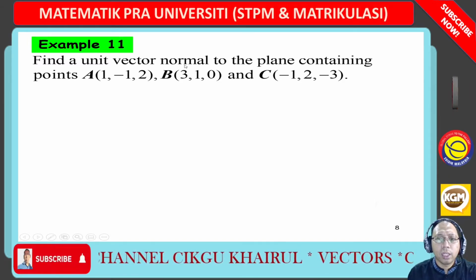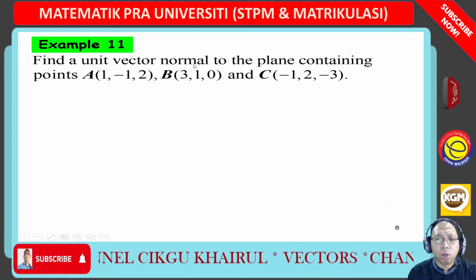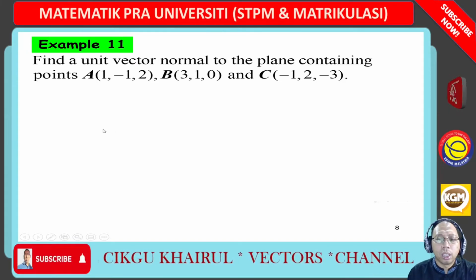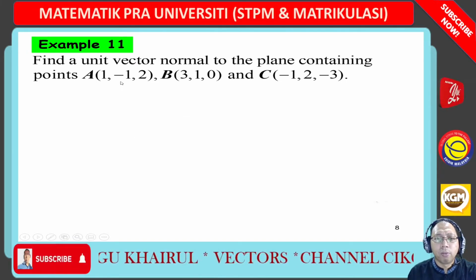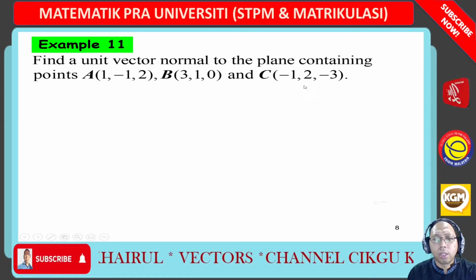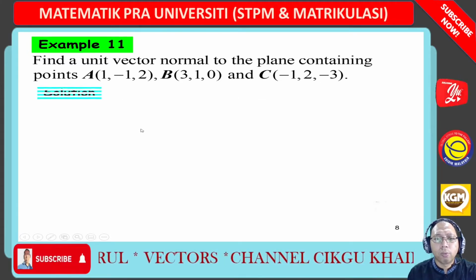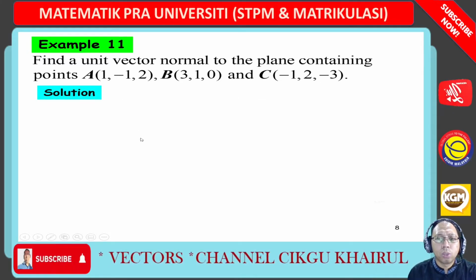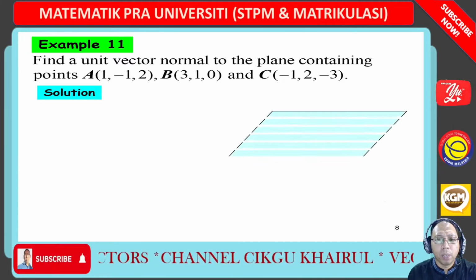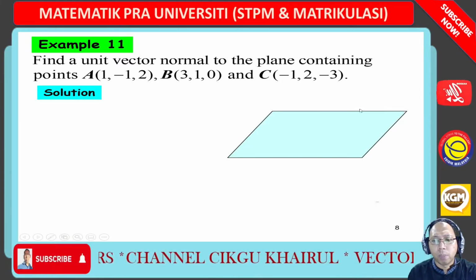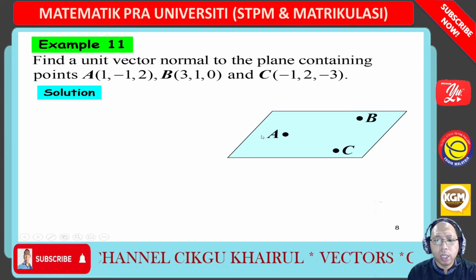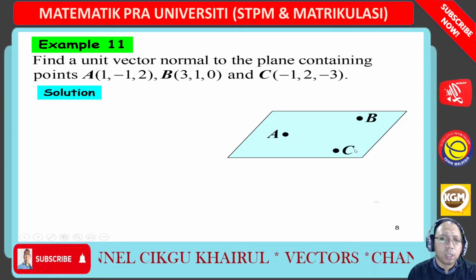So to find the normal vector, we need to cross vector A and vector B. But for this case, the vectors are given as points, so we need to find the two vectors on the plane. Okay, let's say this is a plane. So we have point A, point B, and point C.